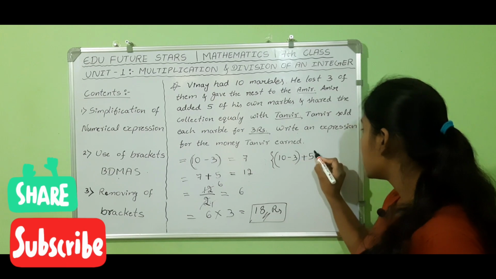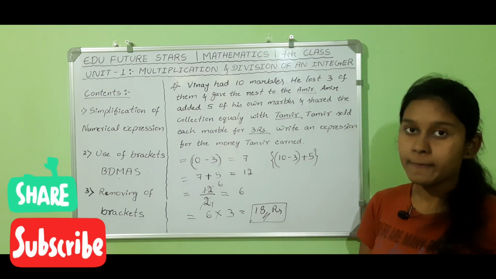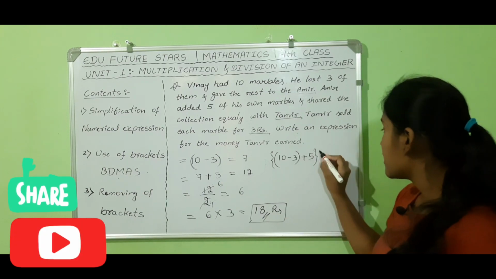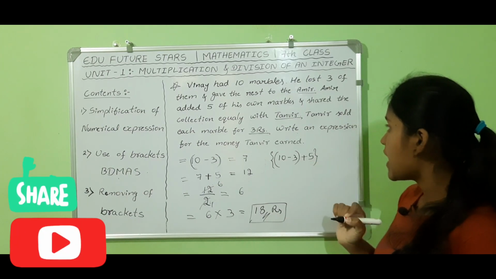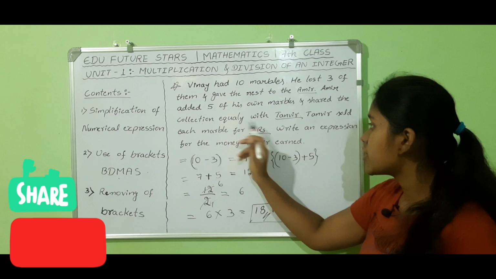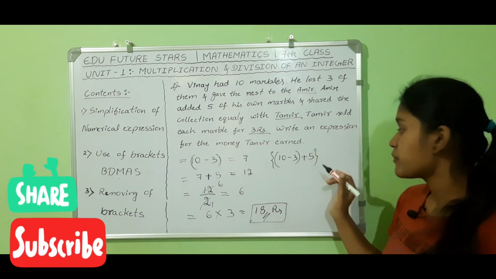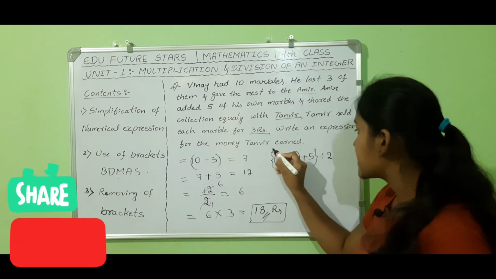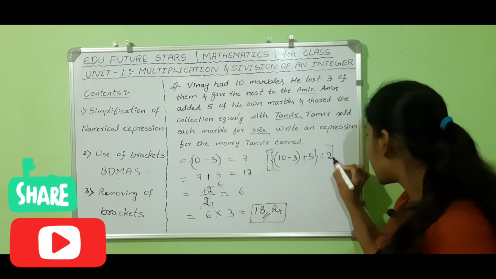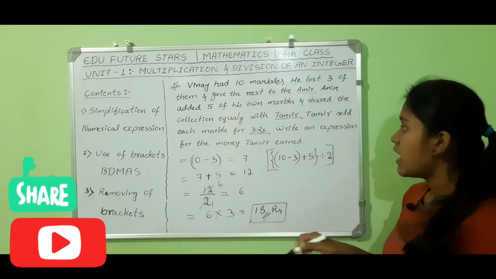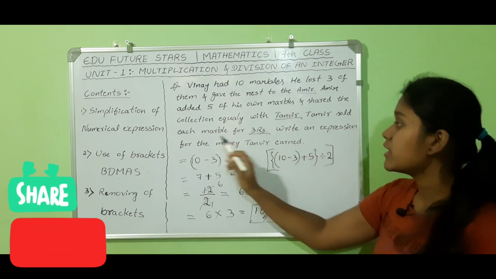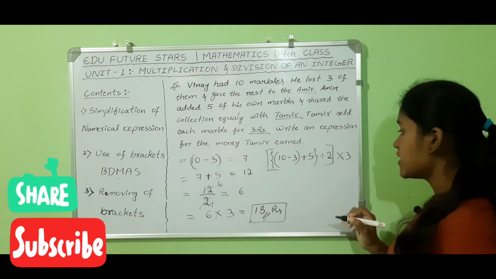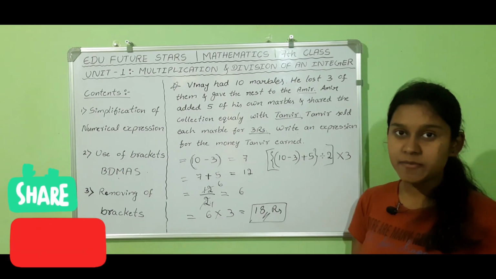Let's keep a curly bracket for this. We can use many brackets. So here 5 marbles he added. Then he is going to share an equal part with Tanvir. Equal part means divided by 2. Let's keep one more bracket for this. And Tanvir sold each marble for 3 rupees. When we multiply 3 to this, we will get the right answer.